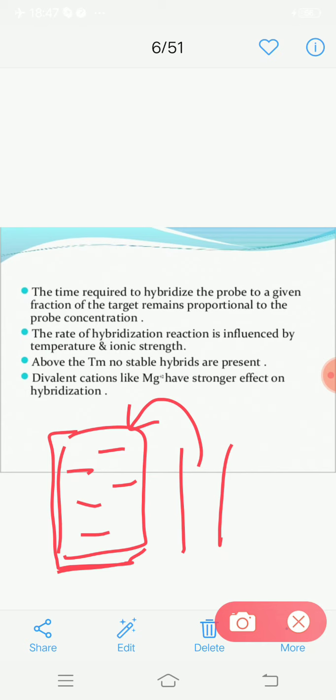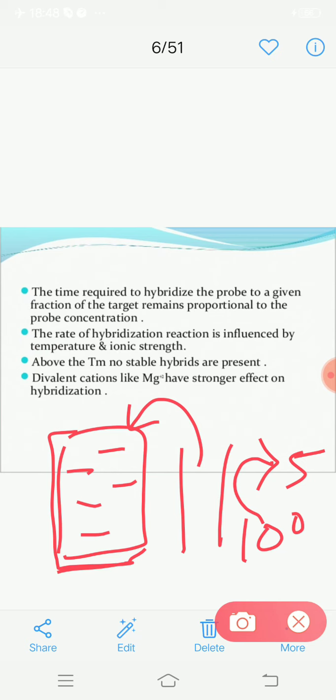Suppose there are 5 bands, 1 2 3 4 5, and you are adding 100 probes, so the chance of the probe quickly going and attaching to the 5 bands is more. If it binds more, then the time required is less.